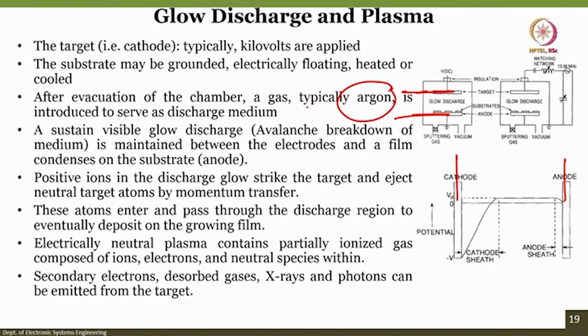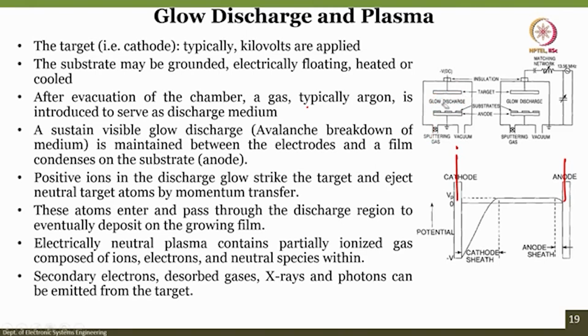Now, what will happen is, because of the voltage that we apply between cathode and anode, the positive ions in the discharge glow strike the target. When you introduce the sputtering gas, the positive ions will start striking the target from the glow discharge. So, when it happens, what will occur?